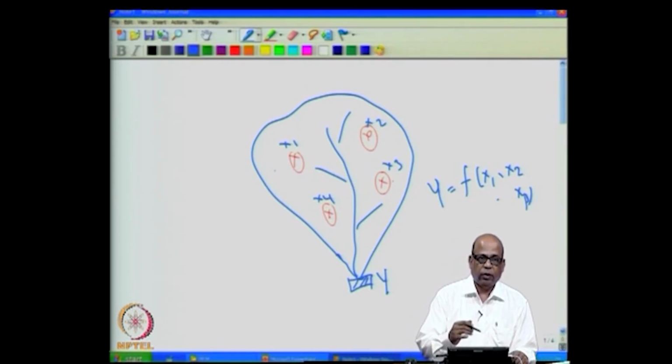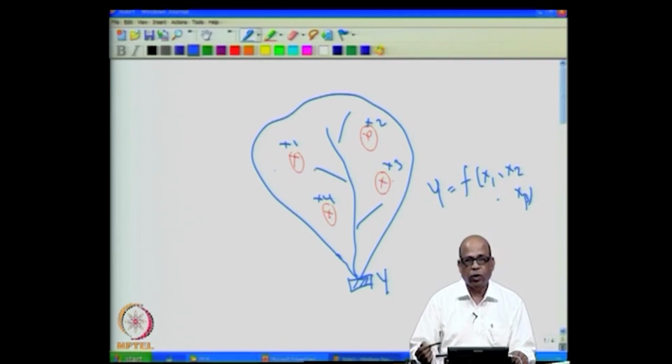This is a homogeneous hydrologic region, and therefore, the rainfall here and rainfall here and at all these locations may have significant correlations. And the other thing is that you may have so many rain gauges here that the size of the problem may become slightly unmanageable, if you are having, let us say 10 variables, 12 variables and so on.